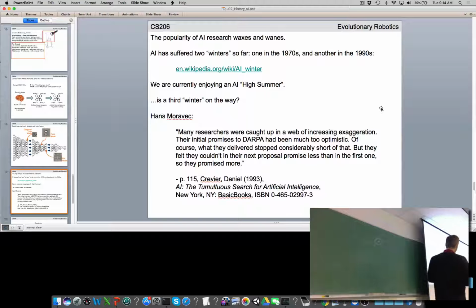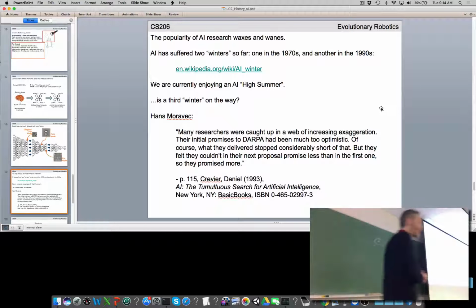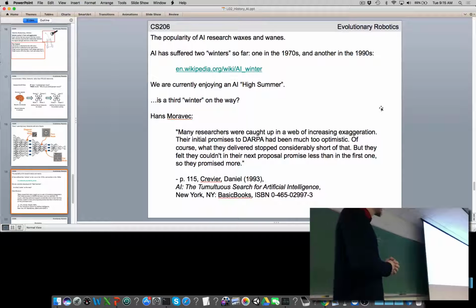Unfortunately, what they delivered stopped considerably short of what they had promised, but the next time they wrote a research proposal to DARPA asking for money, they couldn't promise less than what they promised the time before, so what did they do? They promised more, right? So there's a lot of politics going on under the hood of all of this AI research, and so there you go. We'll see what happens. Okay.